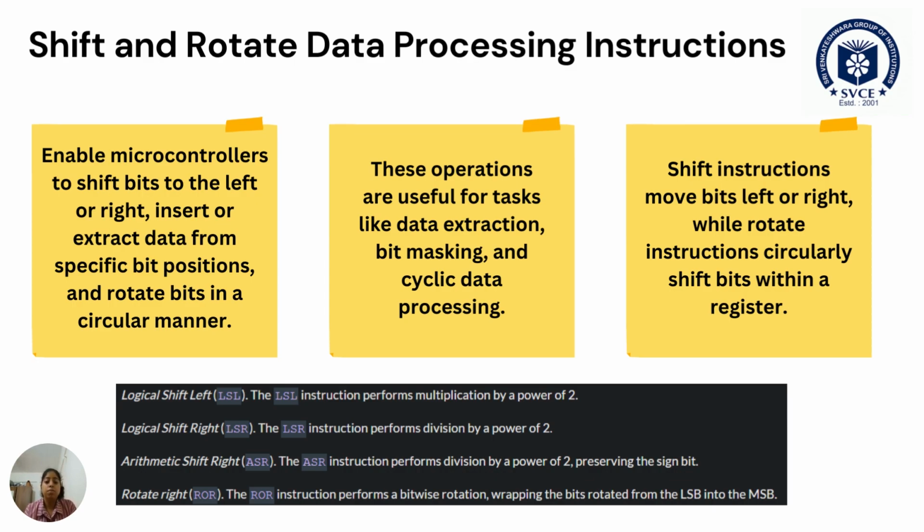This instruction performs division by a power of 2, preserving the sign bit. Last one is ROR, rotate right. This instruction performs a bitwise rotation, wrapping the bit rotated from the LSB into the MSB, least significant bit into the most significant bit.